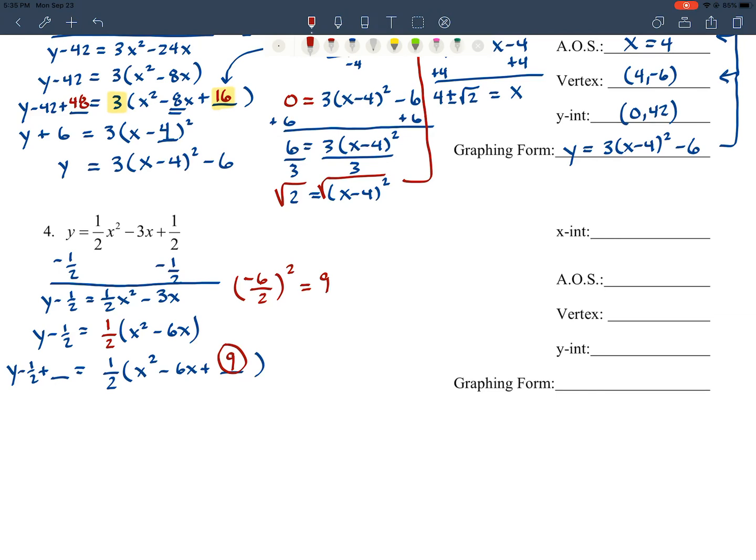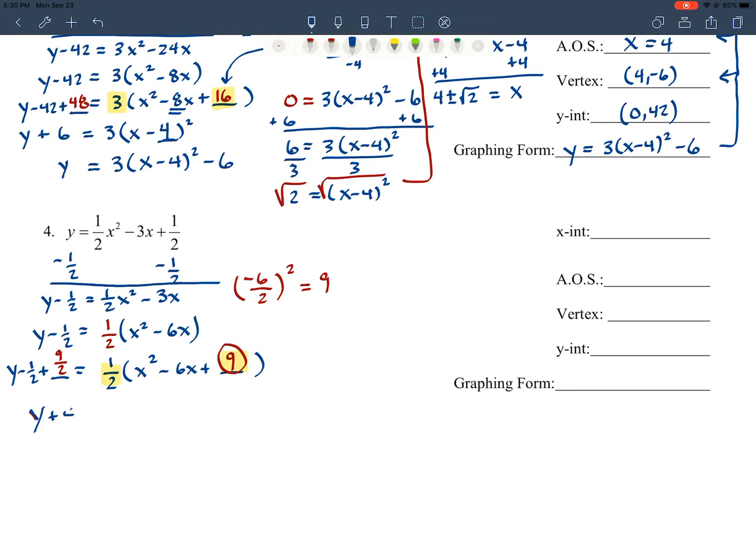We're going to add a 9 here. But remember, this 9 is being multiplied times 1/2. So on our other side, to keep it balanced, we're going to have to add half of 9. So we could say it's like 9 over 2. Well, 9 over 2 plus a negative 1/2 would give us 8 over 2, which really is just then 4.